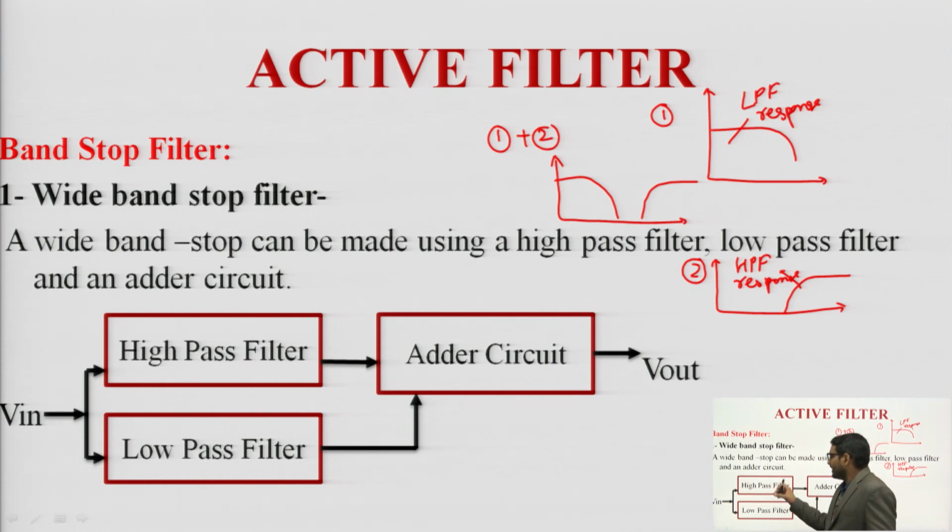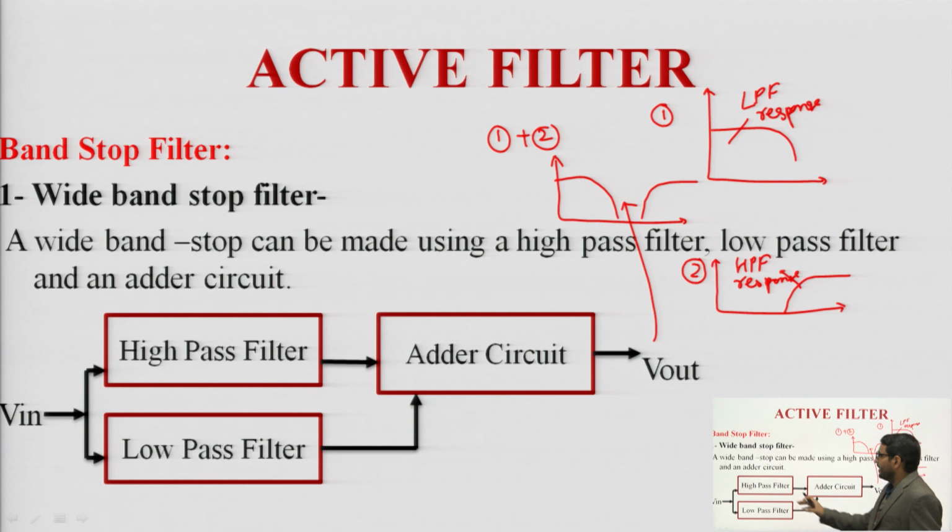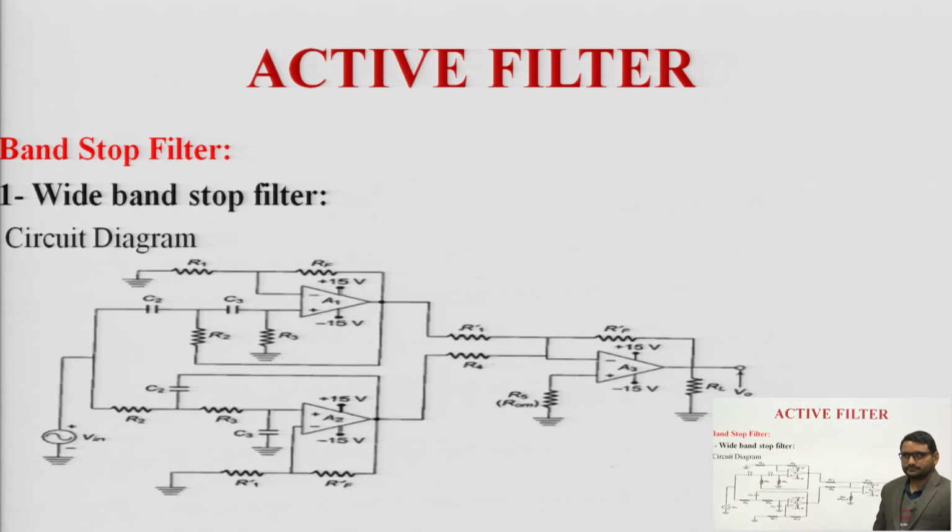So, basically a band stop filter is designed such that the input signal passes through a high pass filter which gives the high pass response, and it passes through a low pass filter which gives the low pass response. And finally, we add these two responses and we get V out as the response of the band stop filter. So, a band stop filter can be made by using a high pass filter, a low pass filter and an adder circuit or summing amplifier.